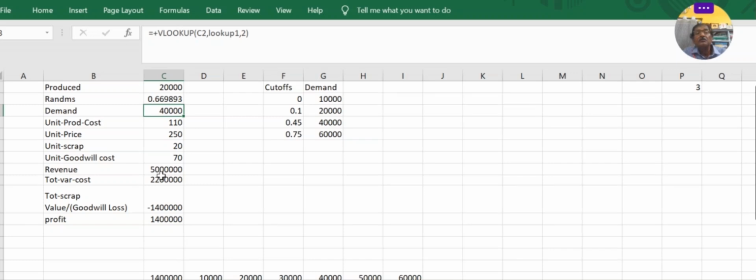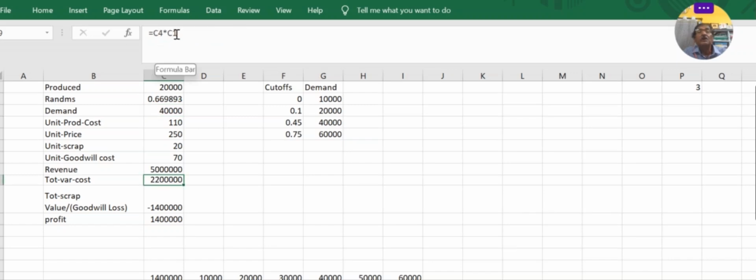And what will be the cost? Per unit cost is 110, and you have produced 20,000, so 20,000 into 110 is 22 lakhs. This is done through a formula.